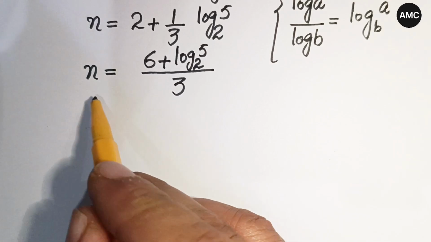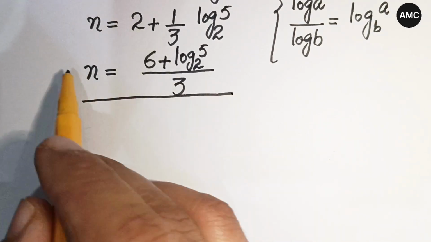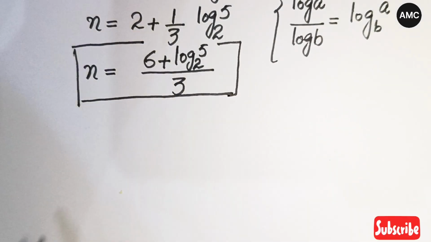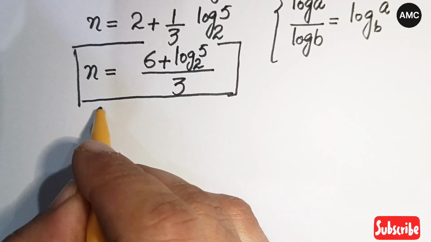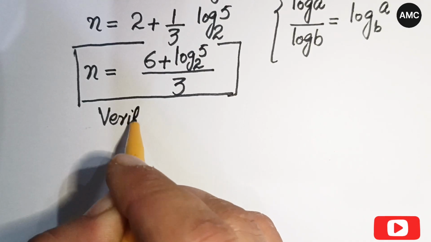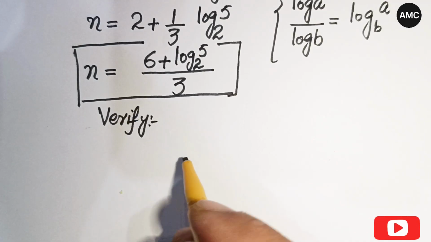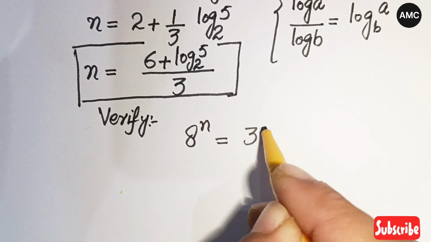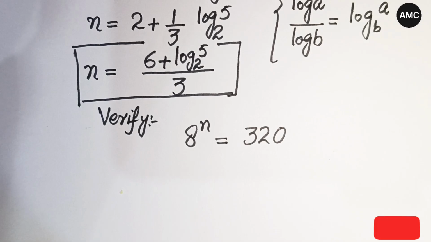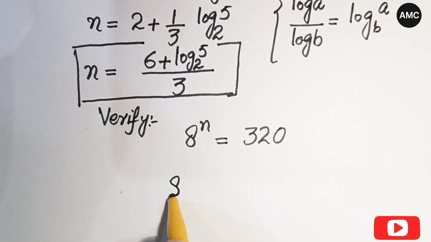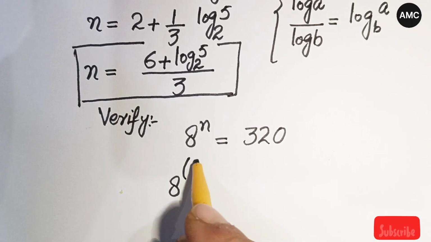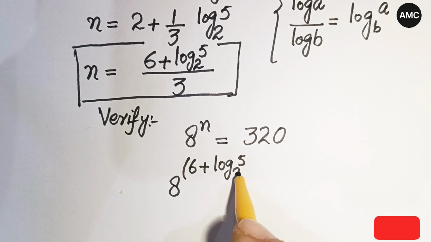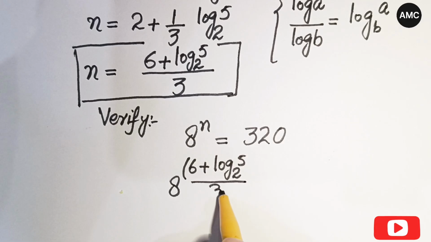Now we are going to check whether this value is valid or not. For verification, we recall our problem, that is a to the power n is equal to 320, where n is equal to 6 plus log 5 to base 2 all over 3.